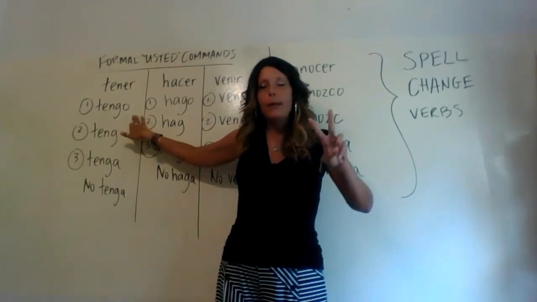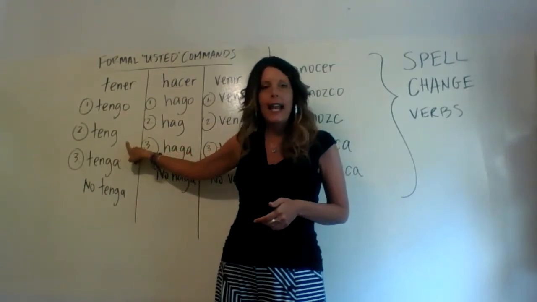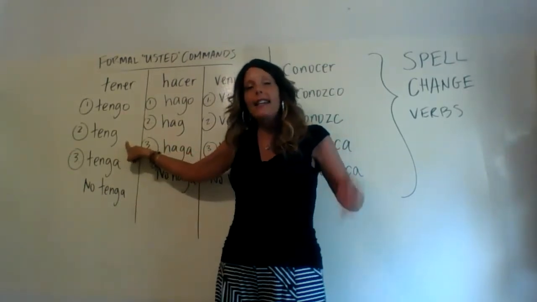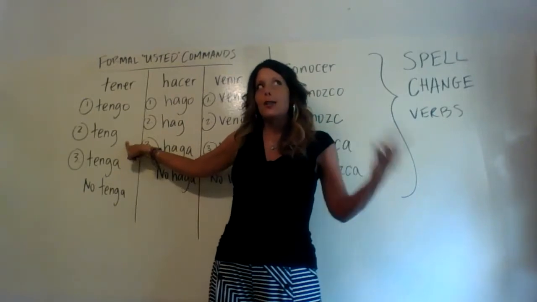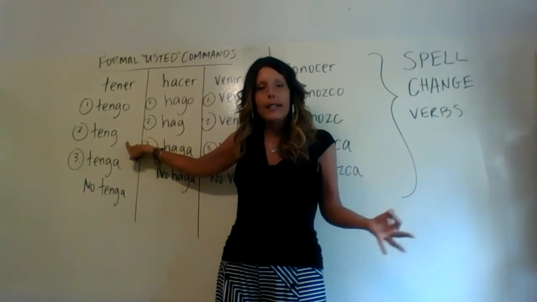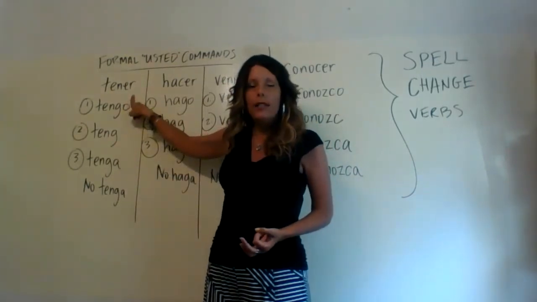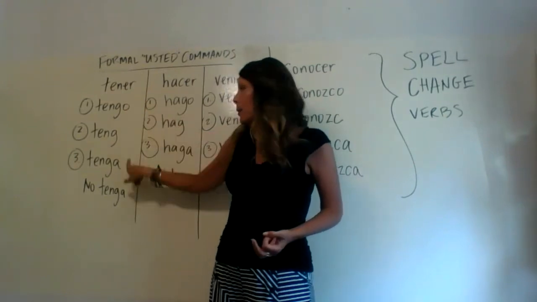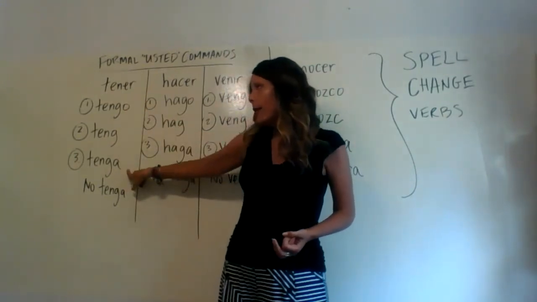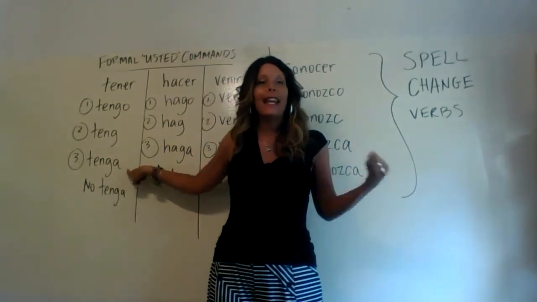Then I do step number 2, which is drop the O, and I get T-E-N-G. And then I take it to step number 3, which actually makes our formal usted command for us, and I add the opposite ending. Since we have an ER verb, our opposite ending would be the letter A that we would attach to the end, and so that right there is our formal usted command with the spell change verb tener.